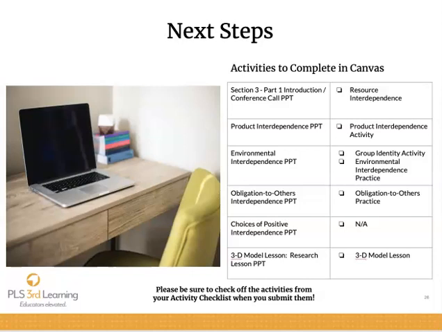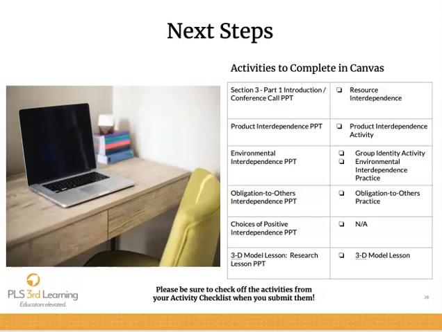Immediately after this introduction, please return to Canvas, Modules, Section 3, Part 1, the Cooperative Learning 3D Model. Your first video will explore product interdependence, where you will share one product. Your second video will highlight environmental interdependence, where you will see how things come together in the classroom to make this learning successful.